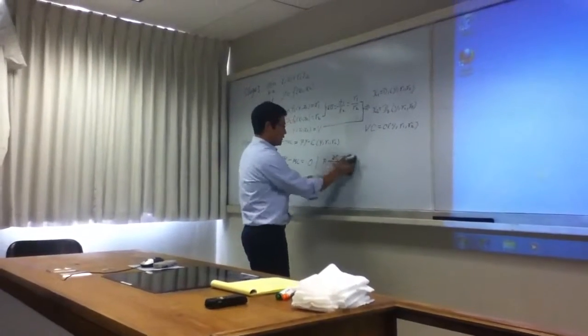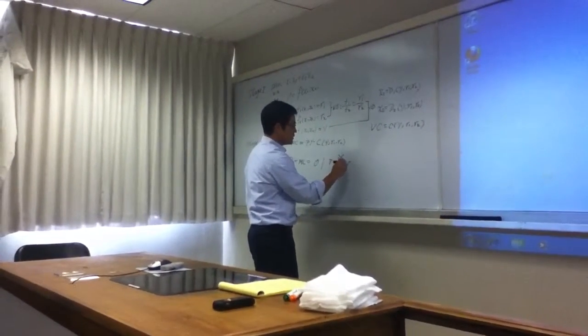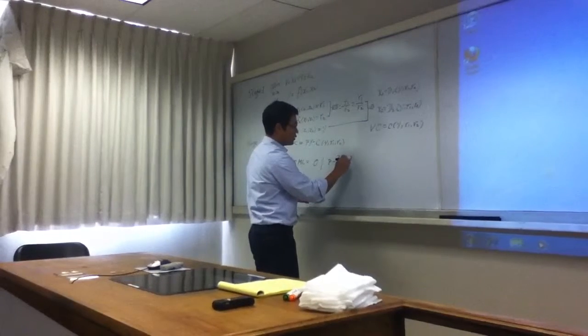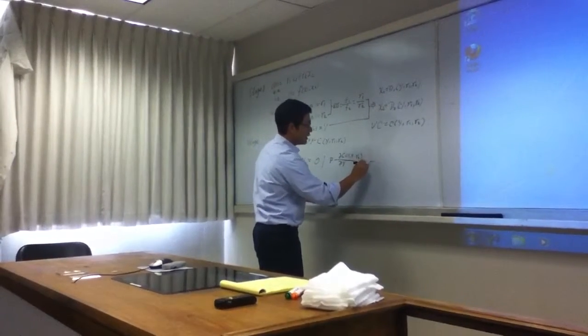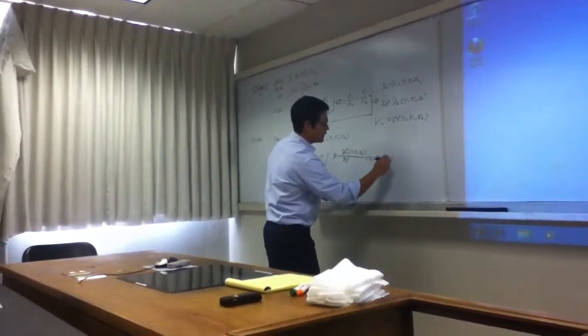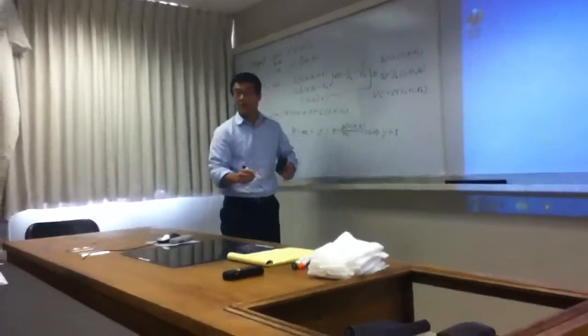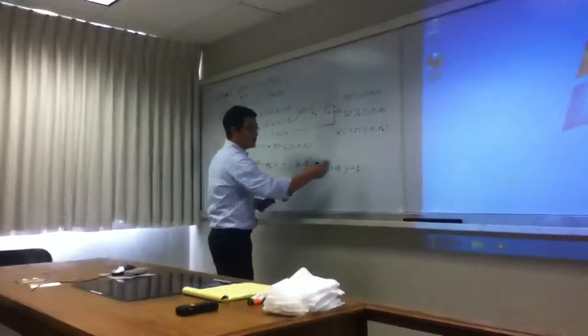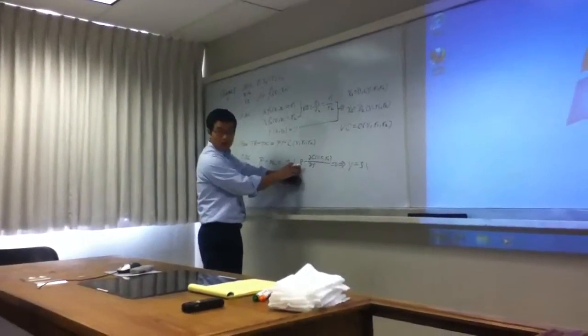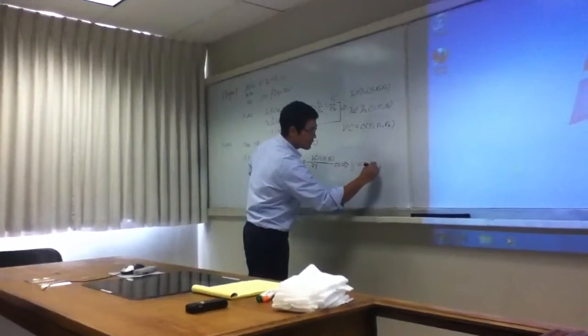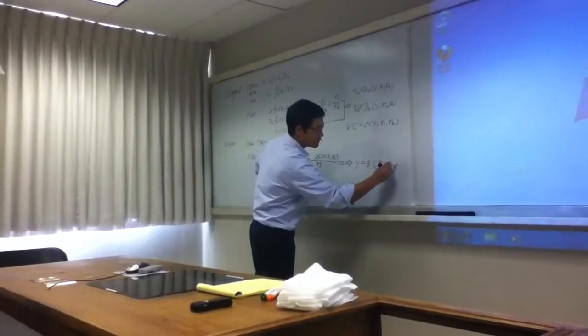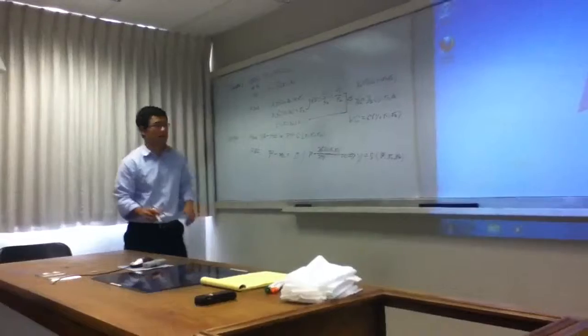And this C function depends on y, r1, r2. So that gives us y, the product supply function, output supply, which depends on P, of course, and r1, r2. This is output supply.